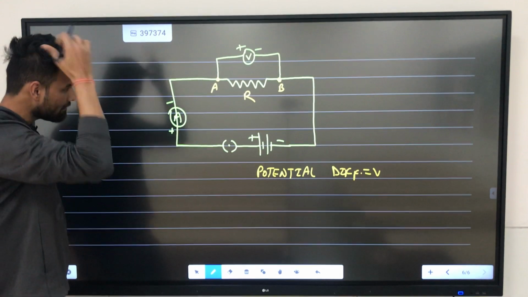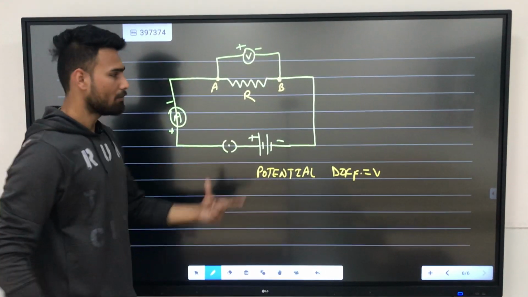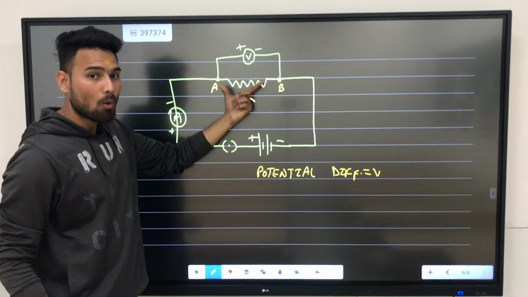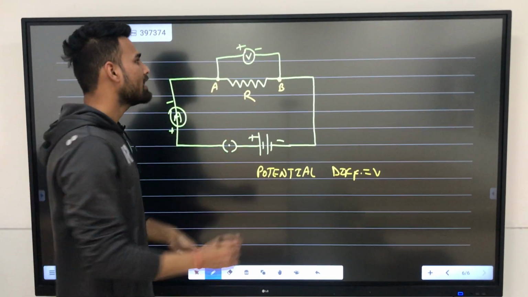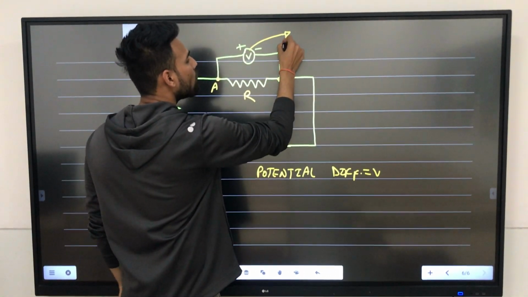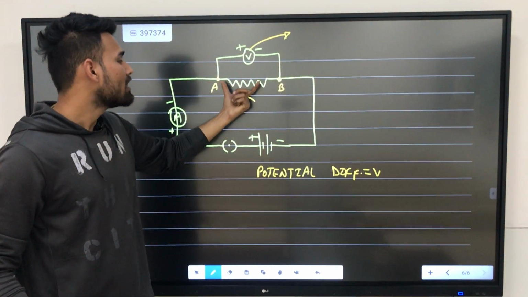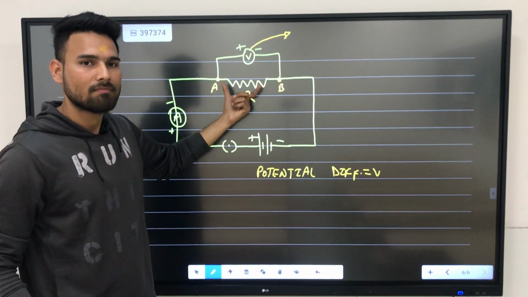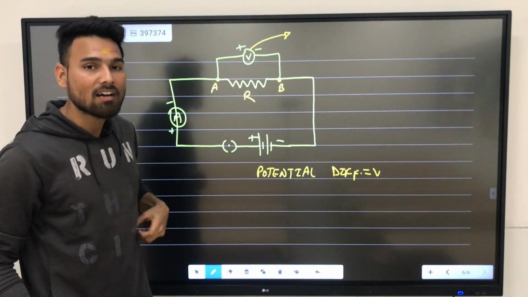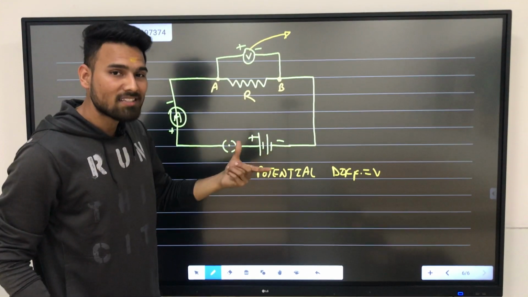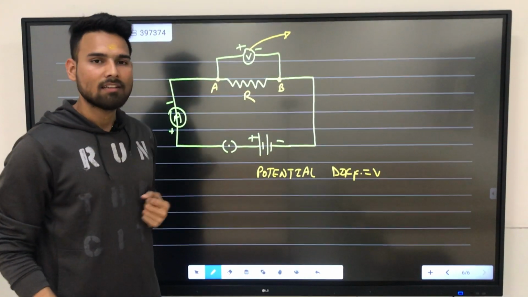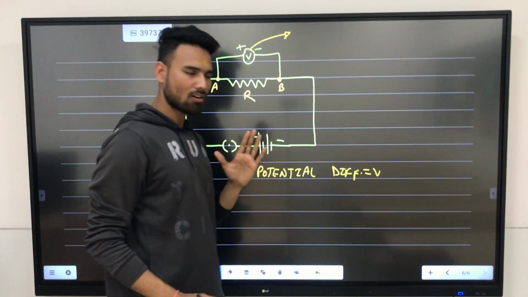So the potential difference between these two points will be read by this voltmeter, and this voltmeter will be giving us the reading of potential difference across this resistor. Am I clear or not?